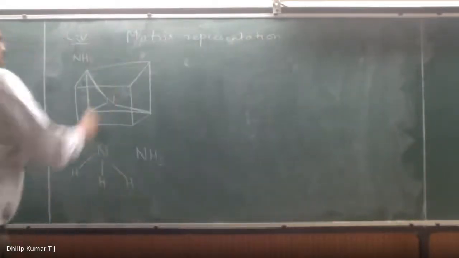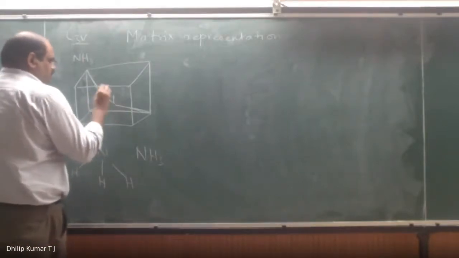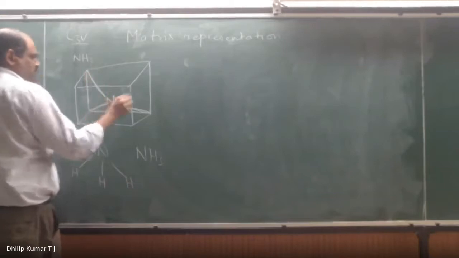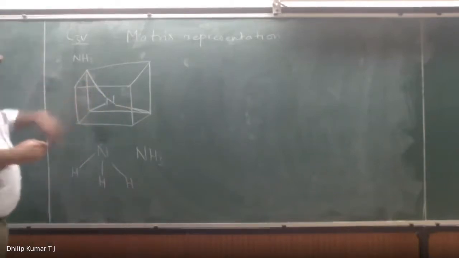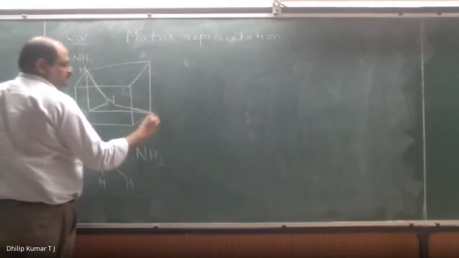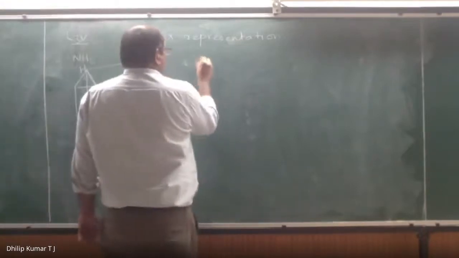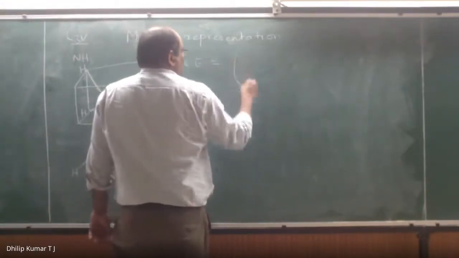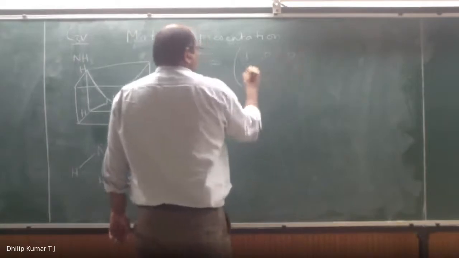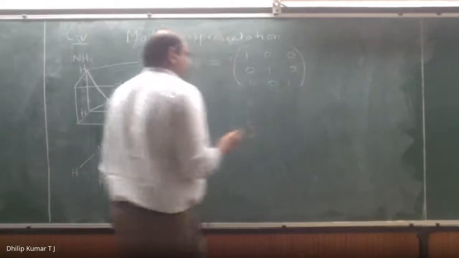So I just write ammonia in this fashion: nitrogen atom in the center and three H atoms at various corners. With this in mind, we can write E, so there is no change of atoms. I just write for E like this, there's no change for this.